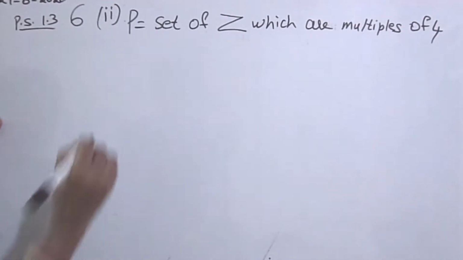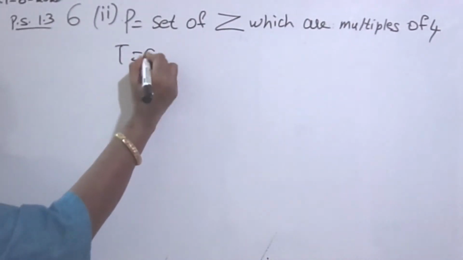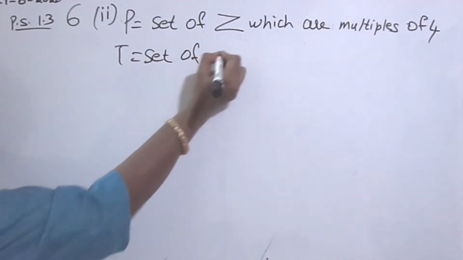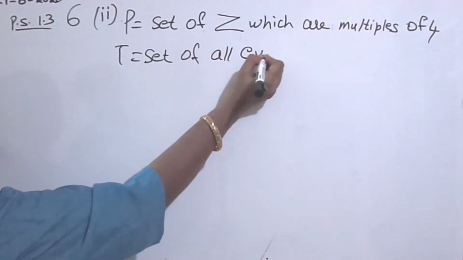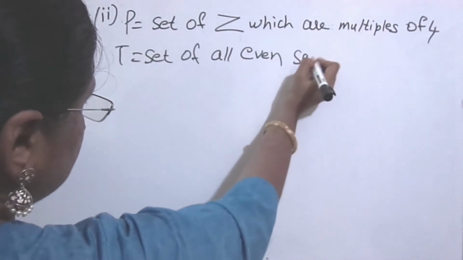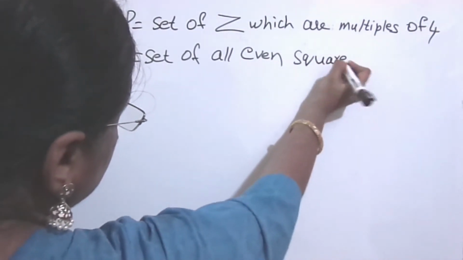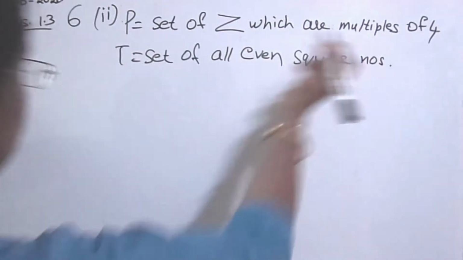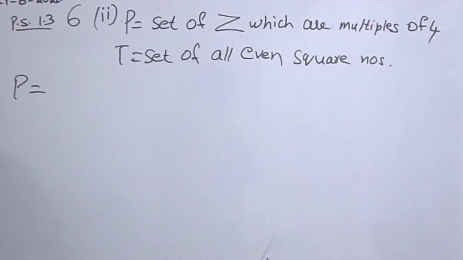T is the set of all even square numbers. Let us list the set first.